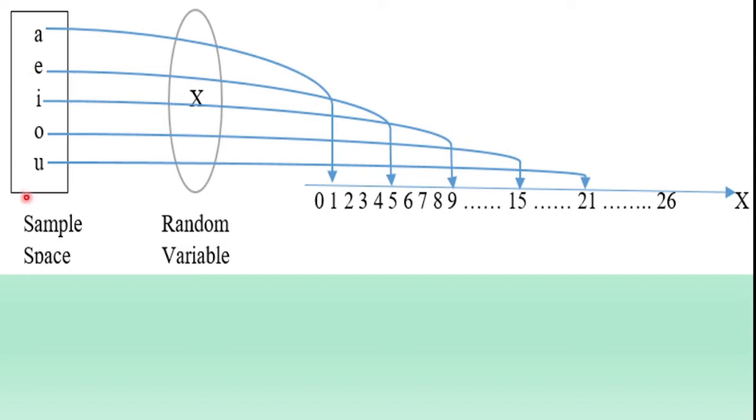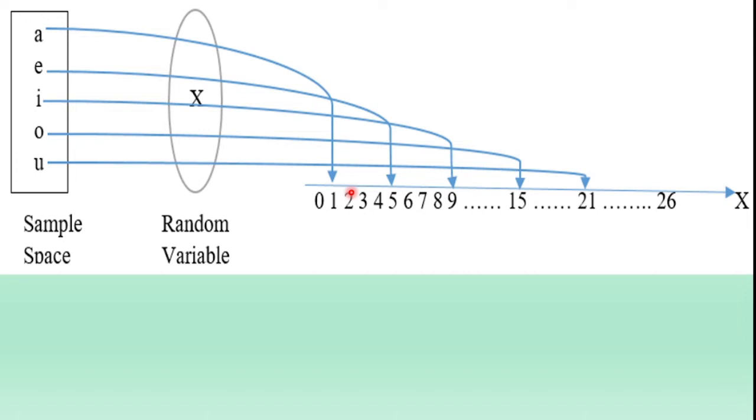The outcomes of the sample space are A, E, I, O, U. Here we take a random variable capital X in such a way that each outcome of the experiment, that is A, E, I, O, U, corresponds to a real number. The real number may be assigned so as to represent the corresponding position of the particular alphabet.